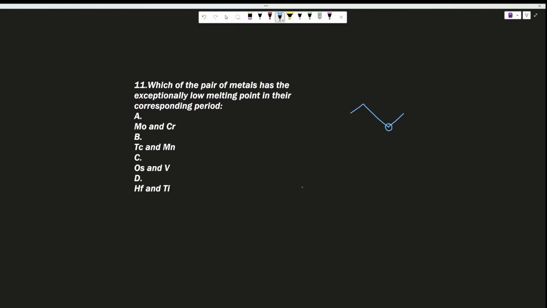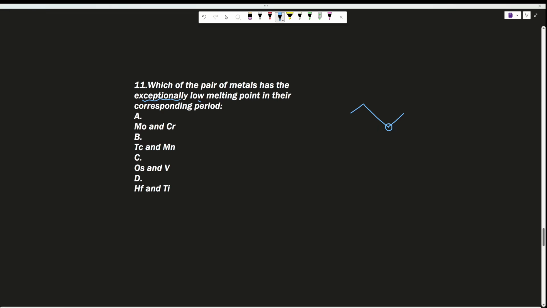Similarly, for the element below manganese in the 4d series, that is technetium, we also observe a similar anomaly, or exception. So technetium and manganese give exceptionally low melting points. So B is the right answer here.